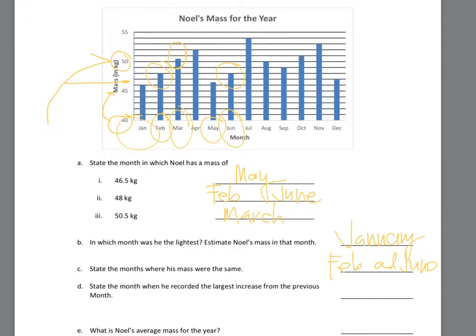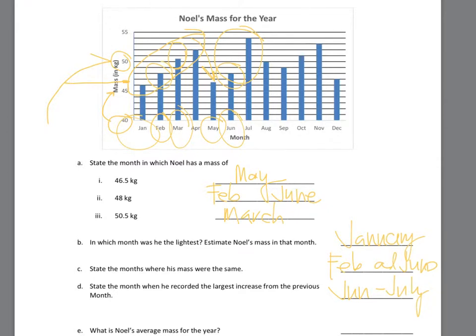From January to April, we have a very short increase each month, and we cannot use April to May because that's a drop in the value. But one possible answer here is from June to July. I think that's the largest increase that we can get from here. So it's June to July.